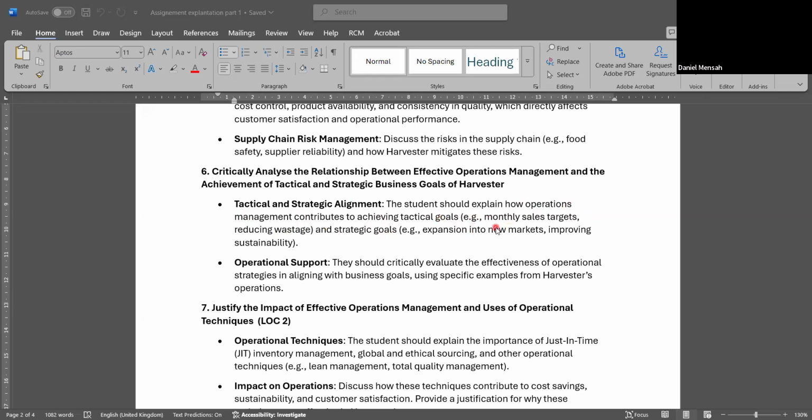For example, how operations are helping to achieve monthly sales targets or reducing wastage. Maybe operation management is focusing on reducing waste, so it is contributing toward the tactical goal.